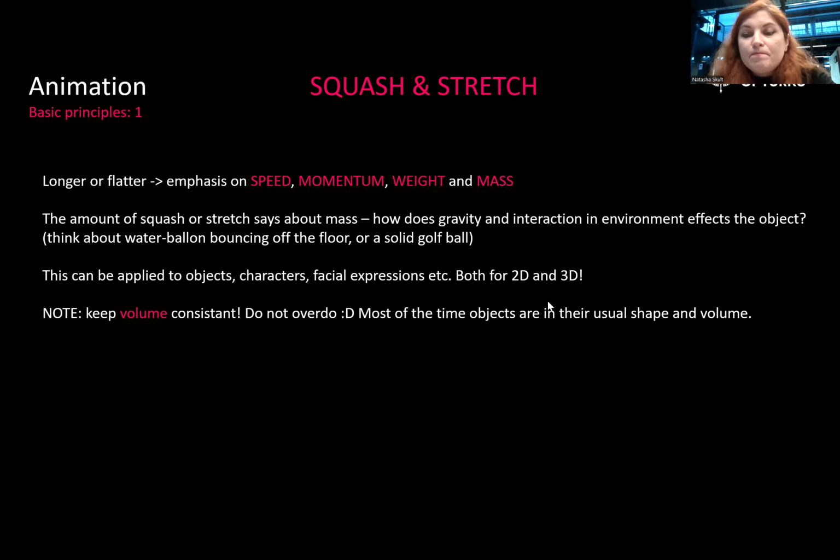But most of the time, they are pretty much in their own shape and volume the majority of the time. There will be examples towards the end of these principles today of when exaggeration, which is actually one of the principles in itself, comes in. But we very carefully decide when we make such extensions to this particular rule. So let's see how that looks.